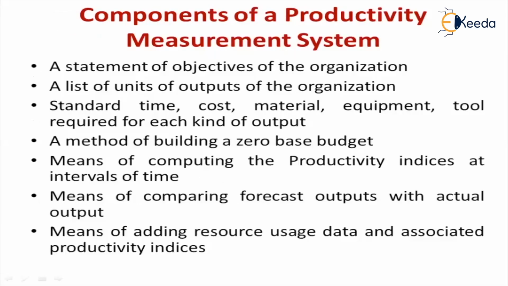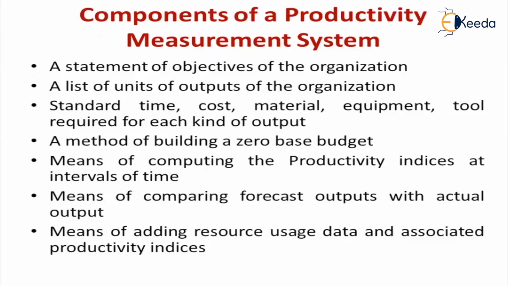So what are the components in a productivity measurement system? Number one, a statement of objectives of the organization. What is this organization running for? Is it for the profit? Is it for the prestige?